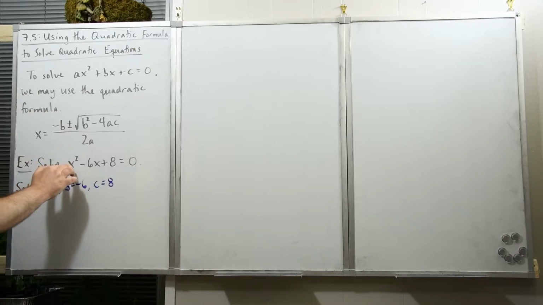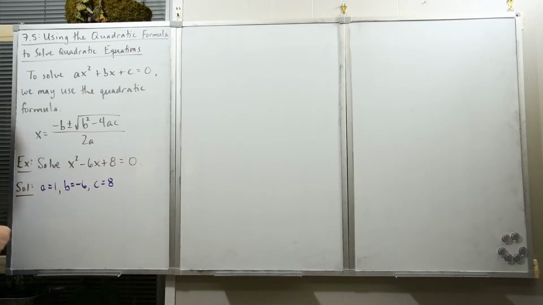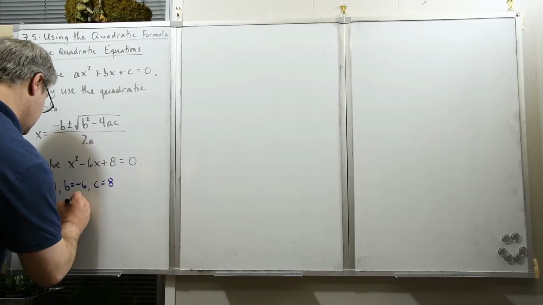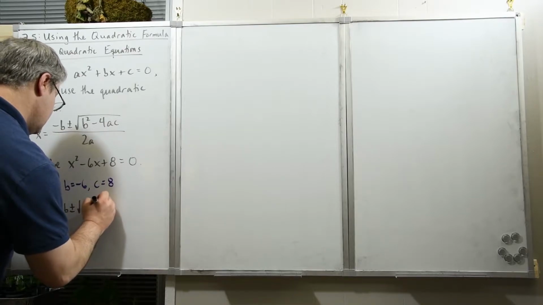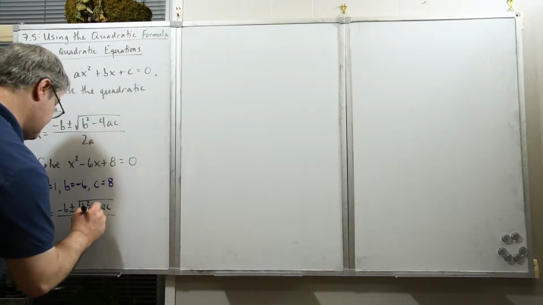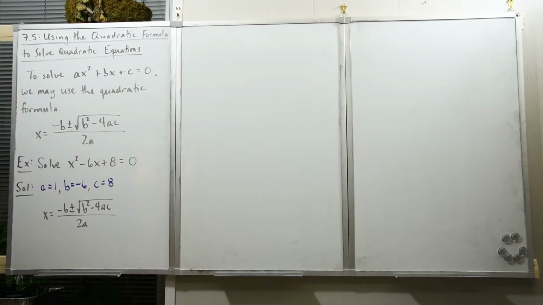It does have the form ax squared plus bx plus c equals 0. And so we would use the quadratic formula. And then we would plug in the values of a, b, and c in the appropriate spots of the formula.